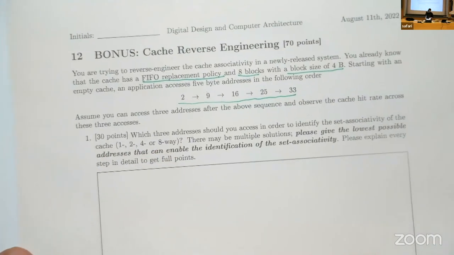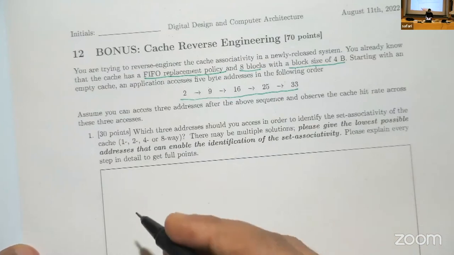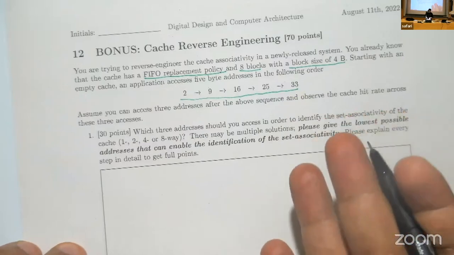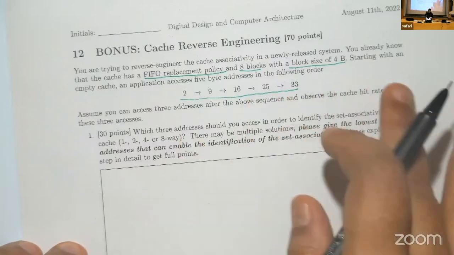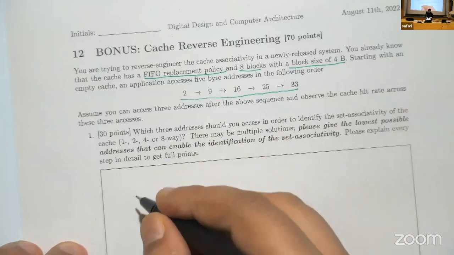The way we should solve this question is to look at the state of the cache after these initial 5 accesses. For that, I will write the associativity.